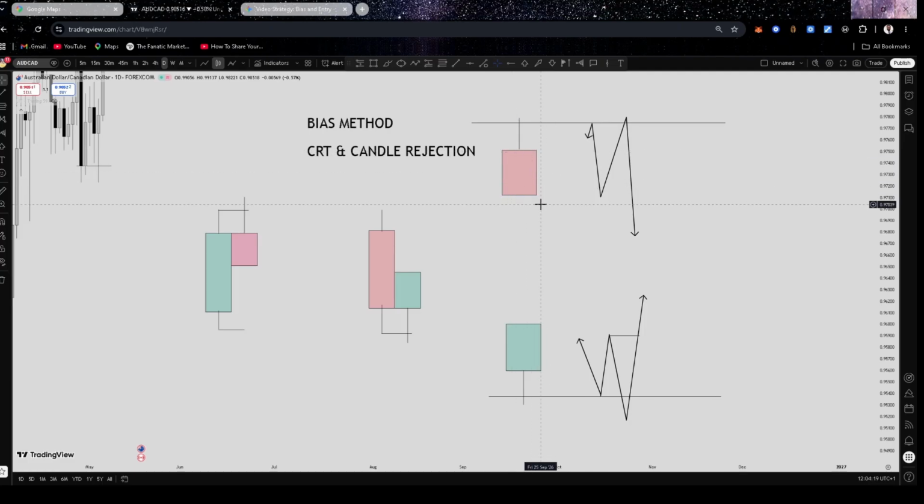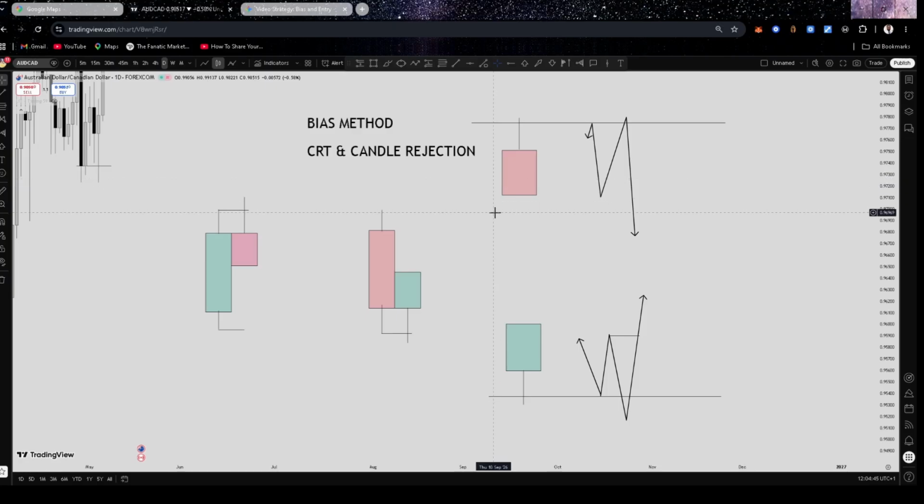After price rejects, if it closes, it's more advantage. It does not matter. Just wait for price to reject your key level and break structure on the 4 hour or the 1 hour time frame.